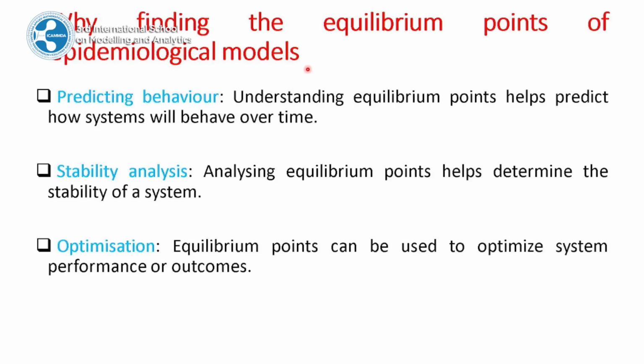One reason is that we may want to predict the behavior of whatever system we are looking at. To do that, it is necessary to understand the equilibrium point, which helps us predict how systems will behave over time. By finding the equilibrium point of a model, it will also help us to analyze.